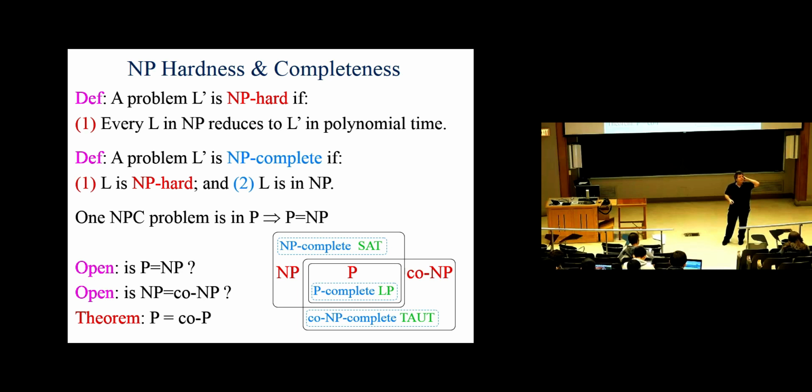I only see 3 or 4 hands, so I better repeat it, I guess. But it's a question first. Yeah, so just to clarify, these co-NP, these complement classes, are not the complement sets of the sets that contain the other property. He's asking a good question.